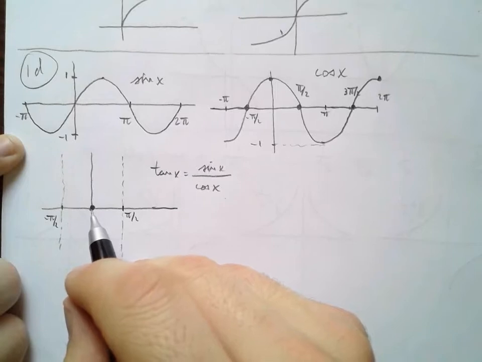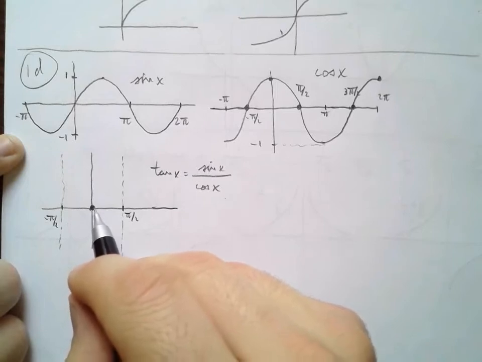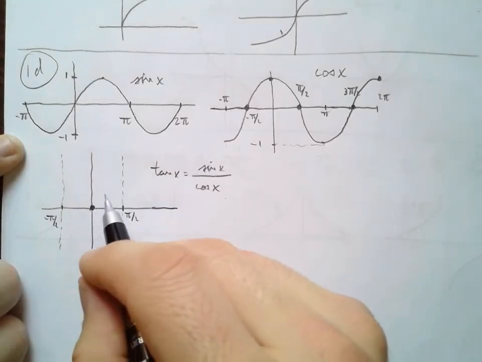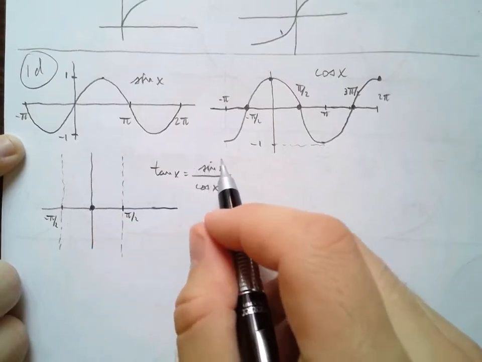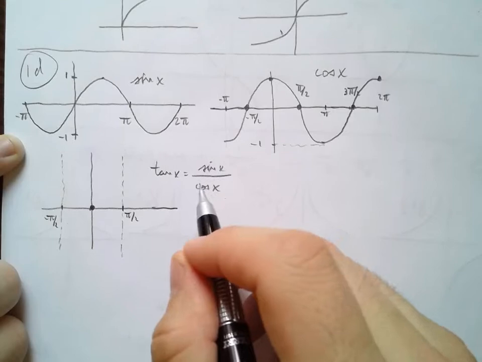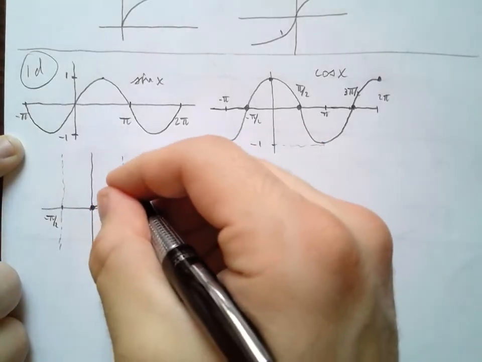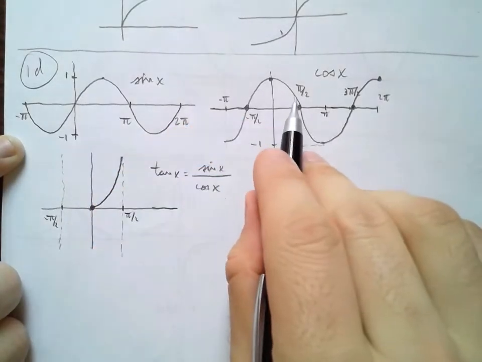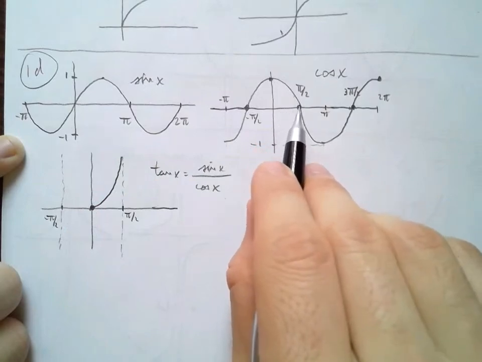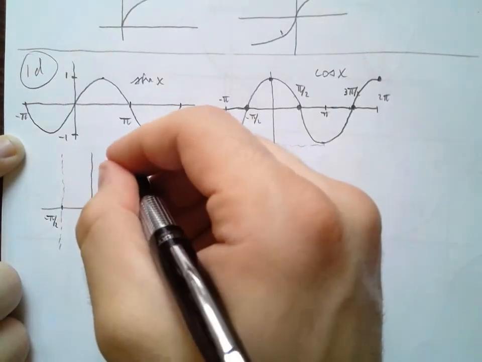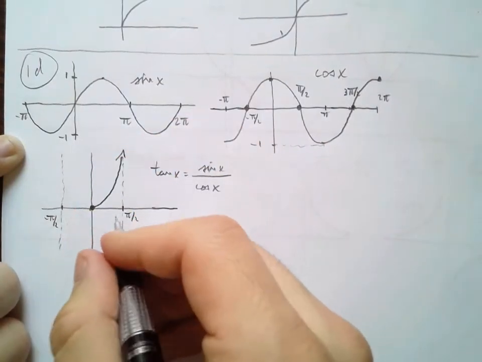And notice, as I approach pi over 2 from the negative side, the top stays positive, right? That approaches 1, and I'm dividing by 0 from the positive side, so I approach plus infinity. So this shoots off to plus infinity like that.